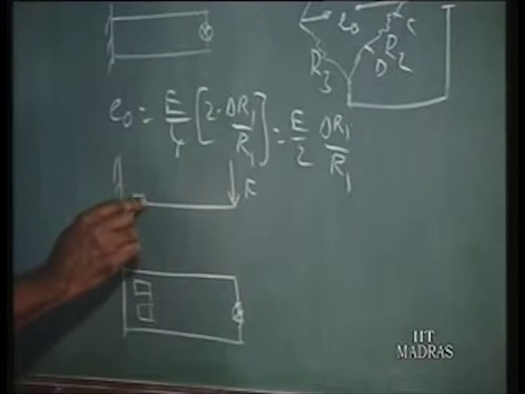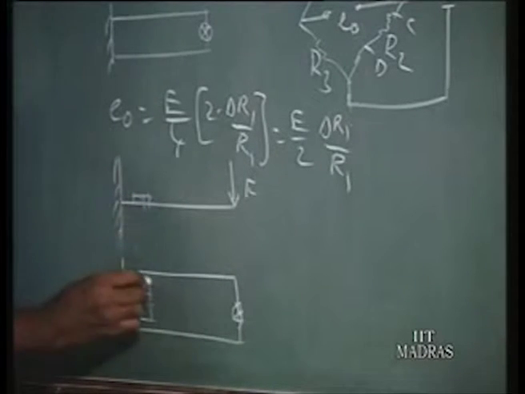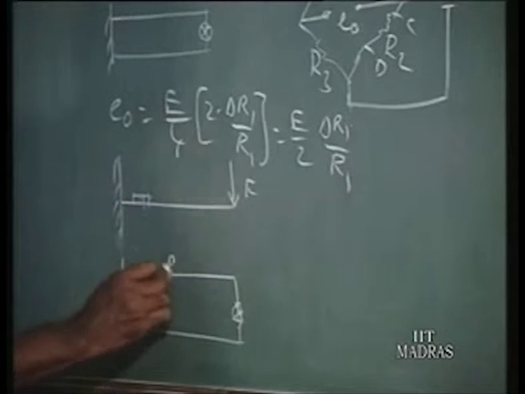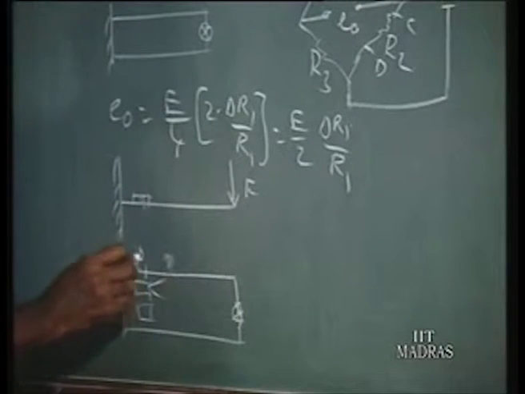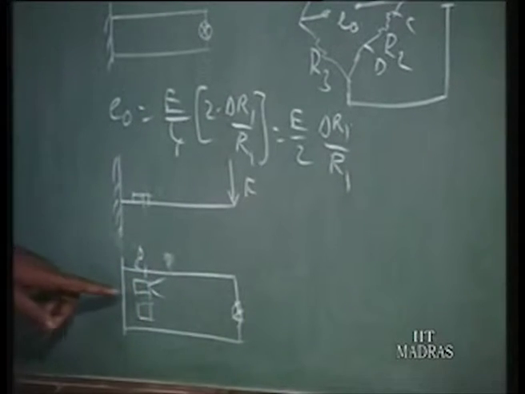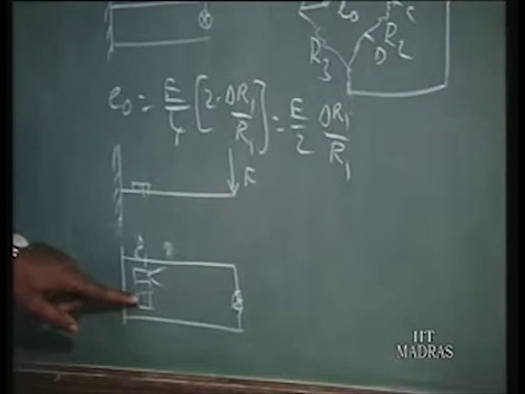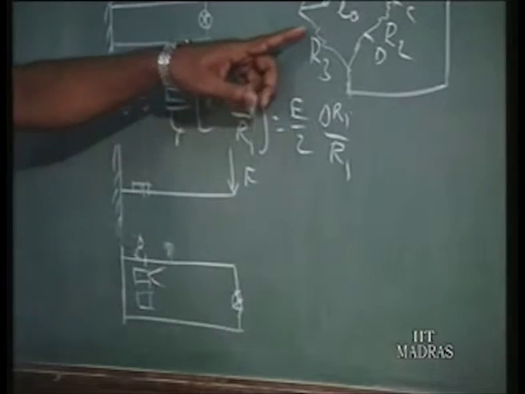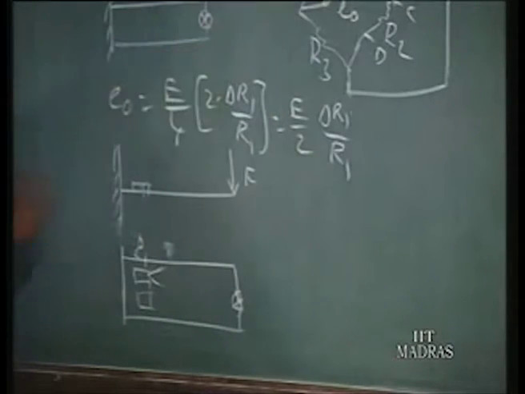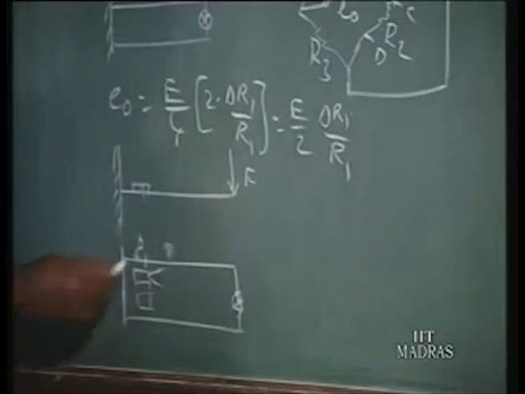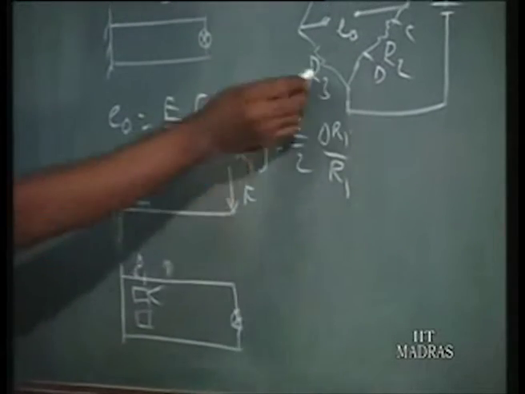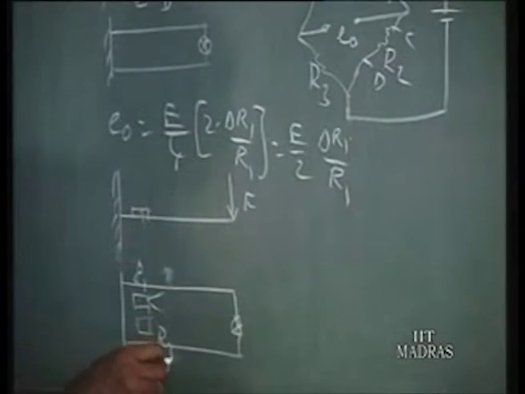Suppose you call one strain gauge R1, what should the other one be? For similar strains, similar changes should be connected to opposite arms, as we had seen earlier. So if R1 is at the top, then the other one should be R3.